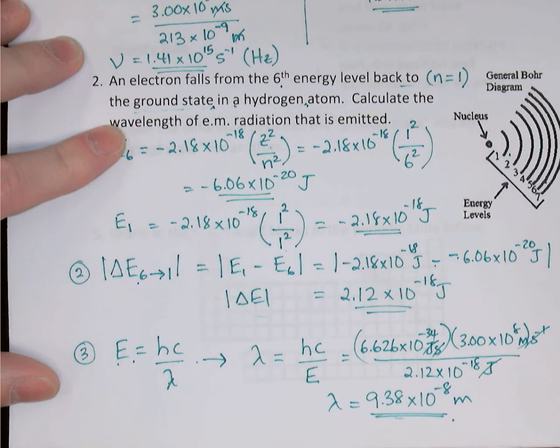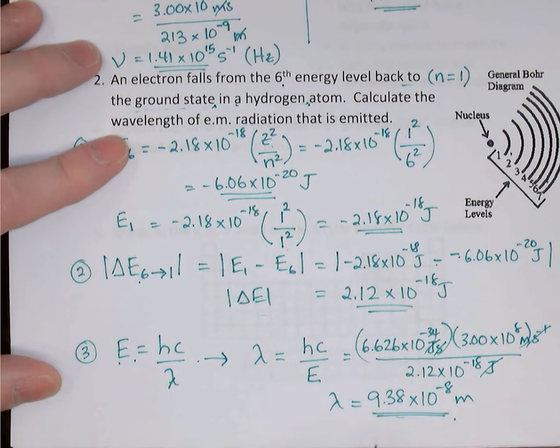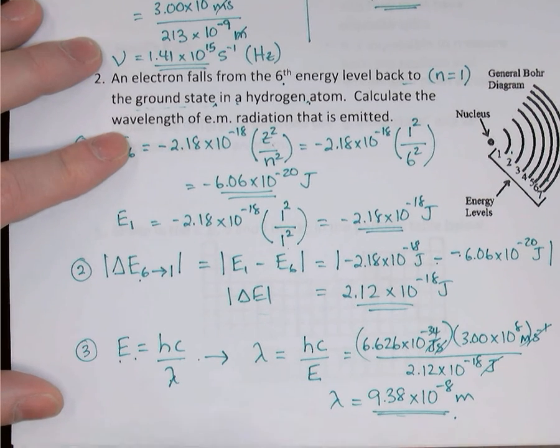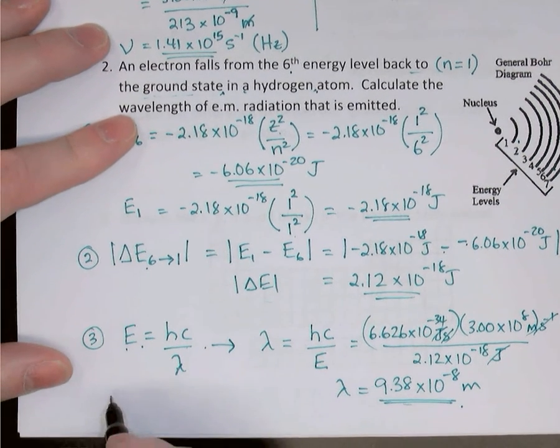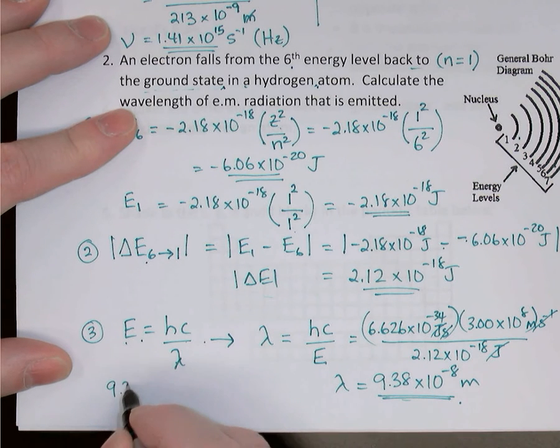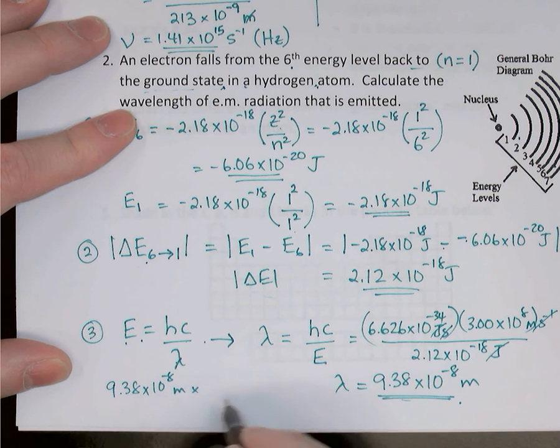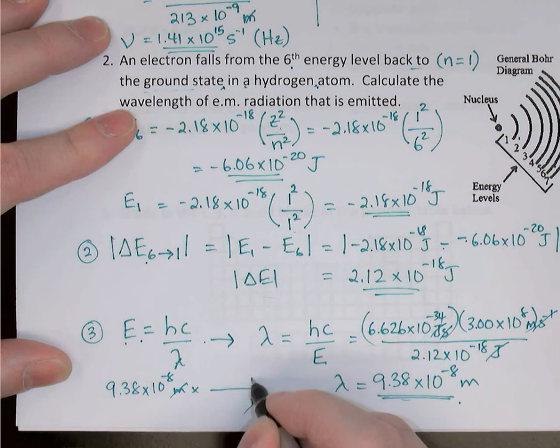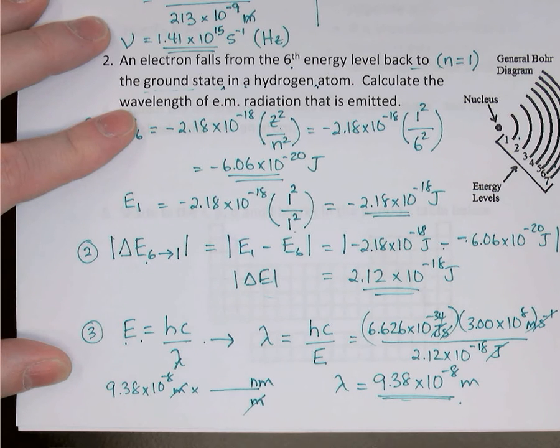Okay, now if you wanted to know what that is in nanometers, we don't need to do this. It didn't ask for nanometers, but if it did, we would just set up one quick unit multiplier, 9.38 times 10 to the minus 8 meters, and we can convert meters to nanometers by getting rid of it like that, and then using page 2 of our data booklet, we remember that 1 nanometer is 1 times 10 to the minus 9 meters.